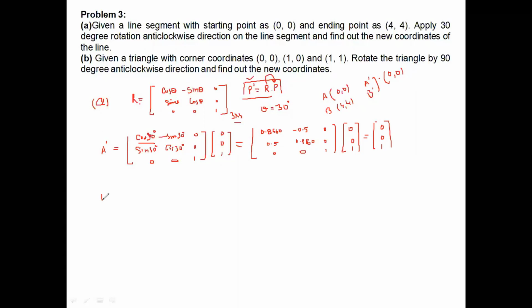Now we'll calculate B dash and directly write the rotation matrix. We know this rotation matrix. First you write it here, then you put in the values. So I'm writing the rotation matrix directly: 0.8660, minus 0.5, 0.5.